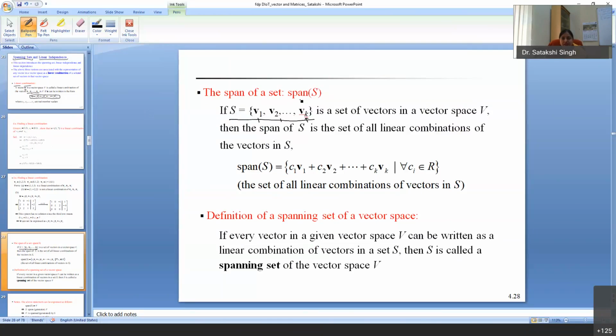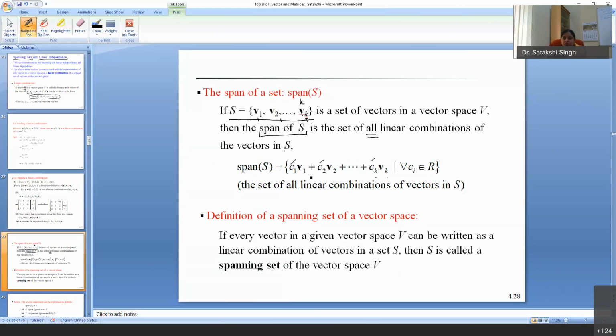That means k vectors are there inside this set S. This S is a set of vectors in a vector space V. Then the span of S is the set of all linear combinations of the vectors in S. So if we take all possible linear combinations of these vectors, then we can write them as C1 V1 plus C2 V2 plus and so on Ck Vk, where we take C1, C2, and Ck as arbitrary numbers.